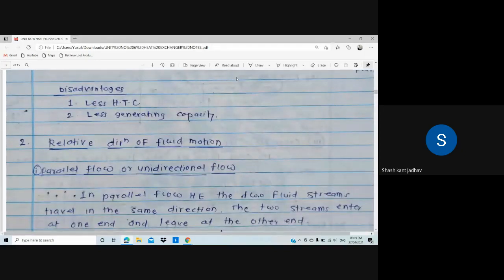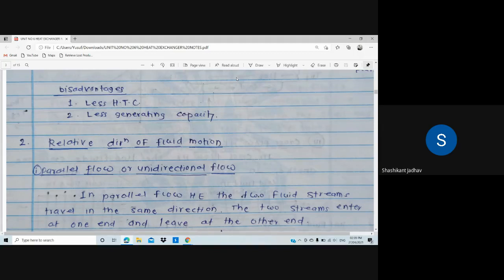Okay, so these are the advantages. What are the advantages of recuperator type of heat exchanger? That is, construction is easy, more economical, more surface area for heat transfer, and much suitable for stationary plants. Okay, then we have to write down the disadvantages for this type of heat exchanger.